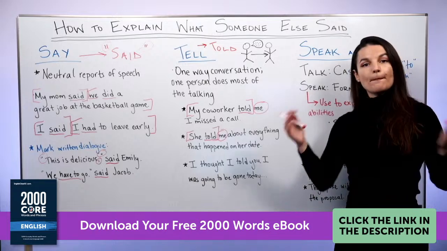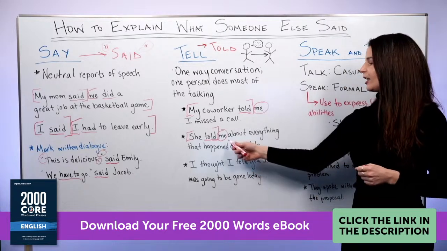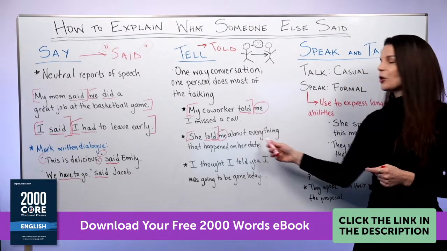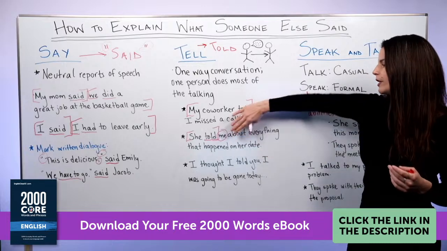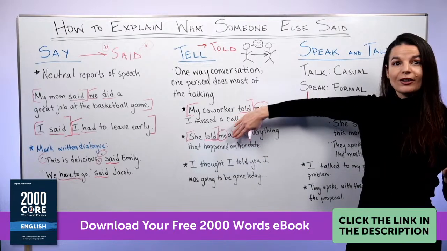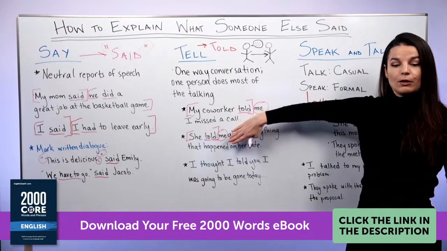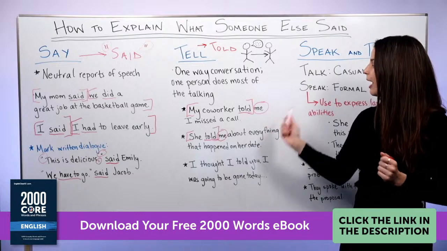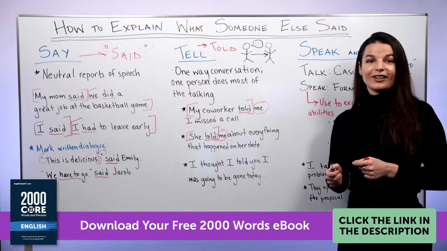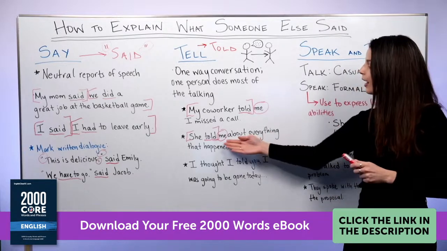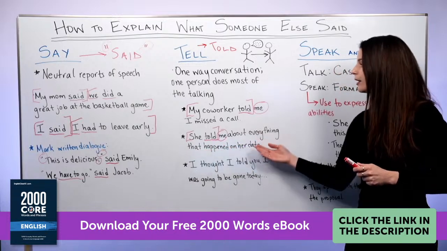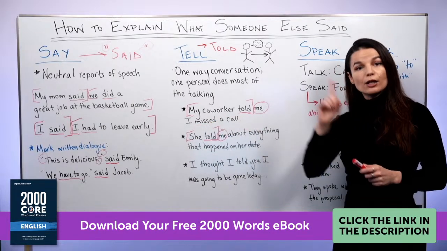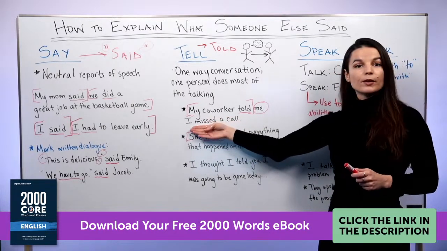She told me. And then here we have the information. She told me about, we can remove this. She told me everything that happened on her date is also okay. So it's up to you. The end of the sentence will be the information you received.